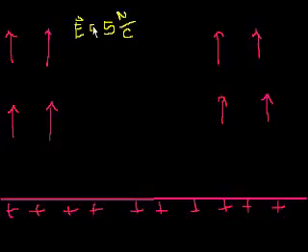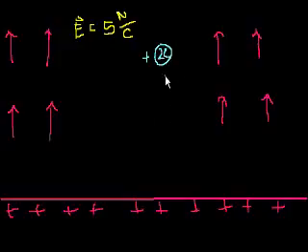So my question to you is, how much work does it take to take a positive point charge? Let me pick a different color. Let's say this is the starting position. It's a positive, I don't know, 2 coulombs. Once again, that's a massive point charge, but we want easy numbers.